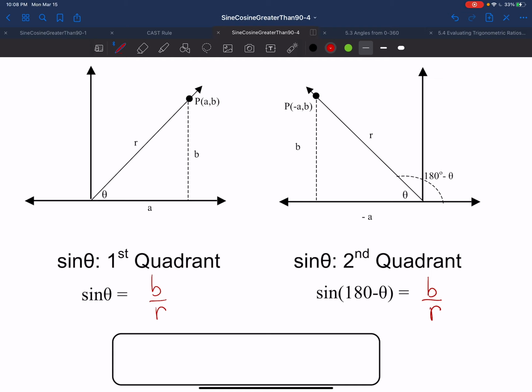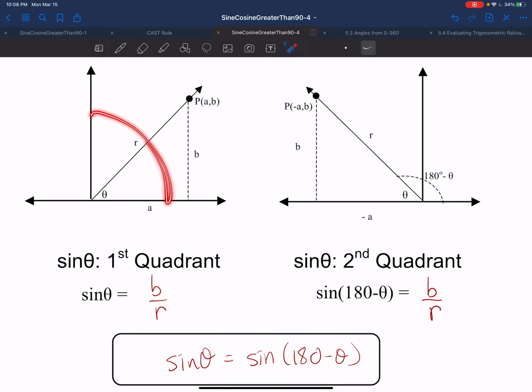So sine of theta, some angle in the first quadrant, is going to be equal to the sine of 180 minus that angle.